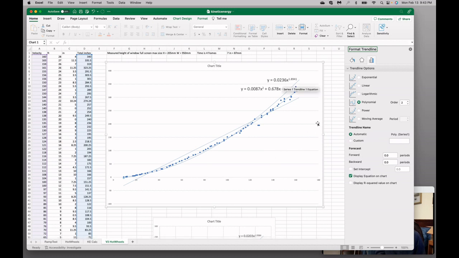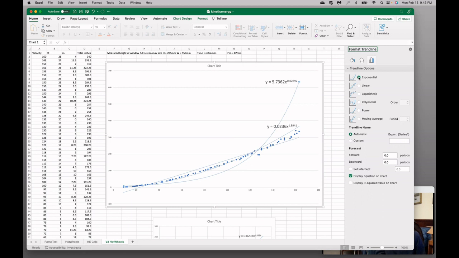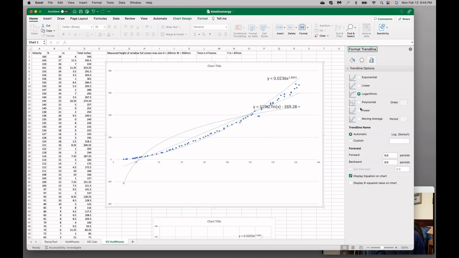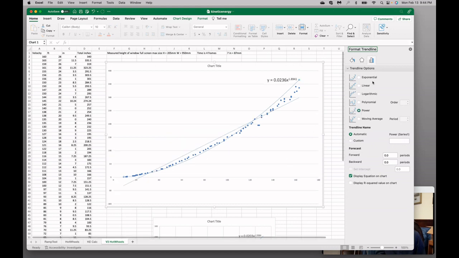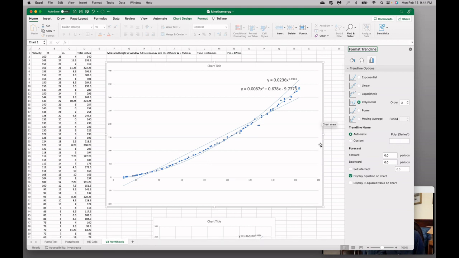And then I can have it, for example, generate a matching exponential line, and obviously that doesn't match, or a matching logarithmic line, etc., etc. So there are various ways to make things match up.